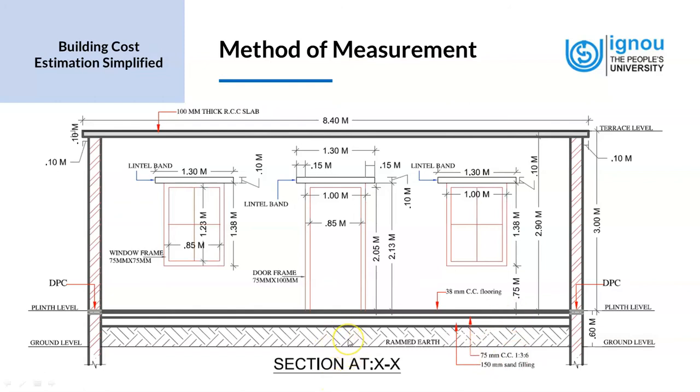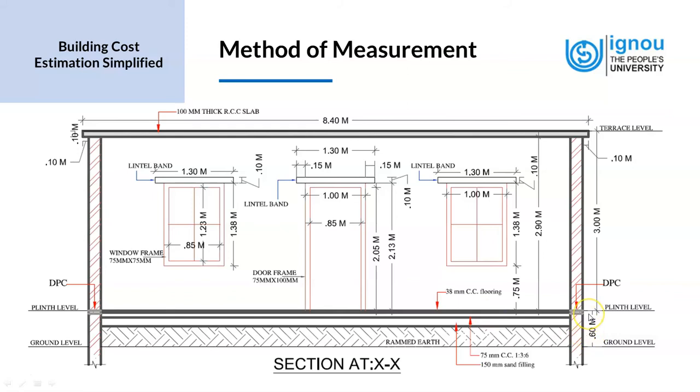The hash lines represent the rammed earth, and above that we have 150 mm of sand filling, which is 15 centimeters of sand filling, and then above that we have 75 mm of cement concrete in 1:3:6.